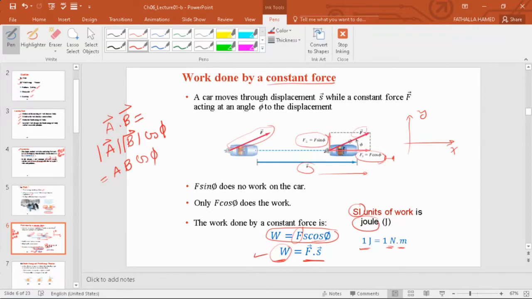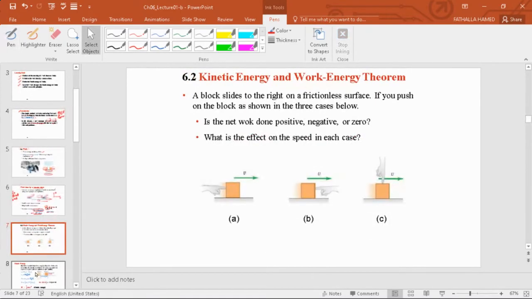So the unit of work is the joule, to honor Joule for his work on heat and things like that, just as the newton is honored with a unit for force. So we're going to use joules for the work, and 1 joule is equal to a newton meter. And the work here will equal F dot S, in the case when the force is constant.